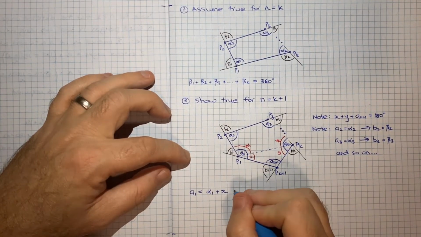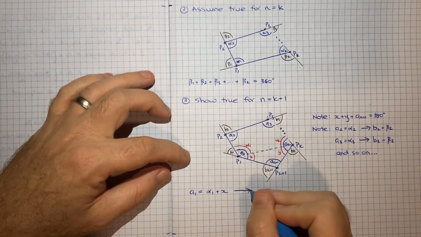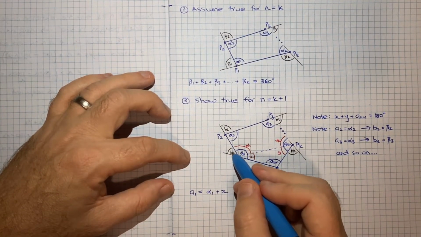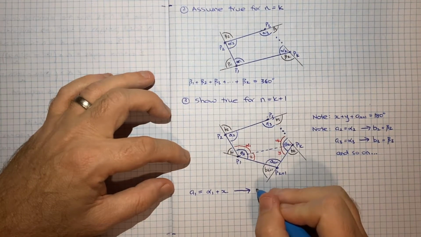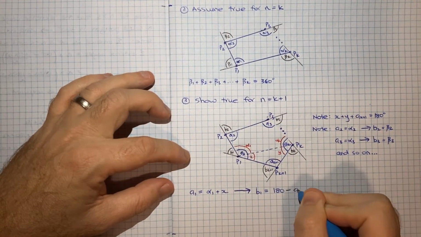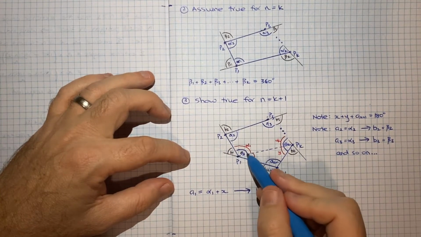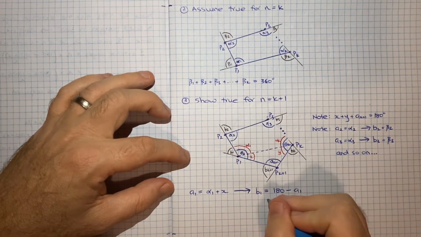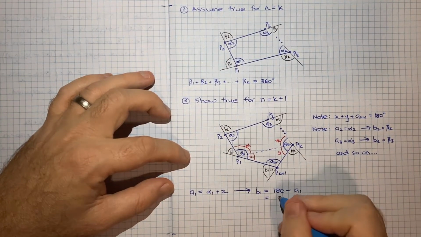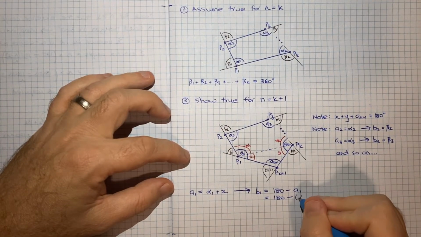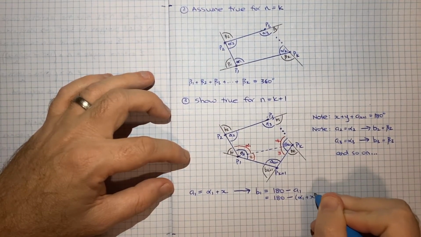So if I then want to apply that to B1, the exterior angle, which is what we really care about, B1 would be equal to 180 minus A1. That's because the two angles on a straight line add up to 180. So that's going to be 180 minus, and A1 we've just said is alpha 1 plus x.